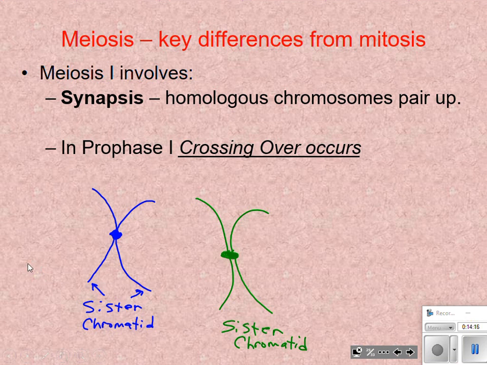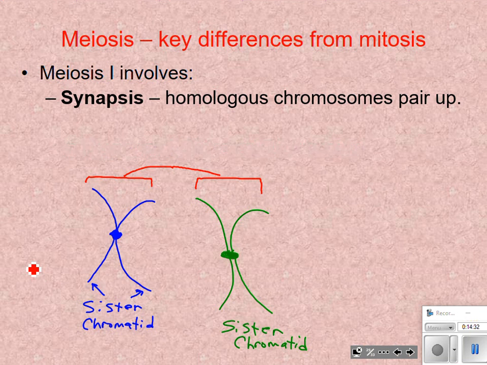Now, the blue one and the green one, when we pair these two up, we're going to call them homologous chromosomes or a homologous pair.